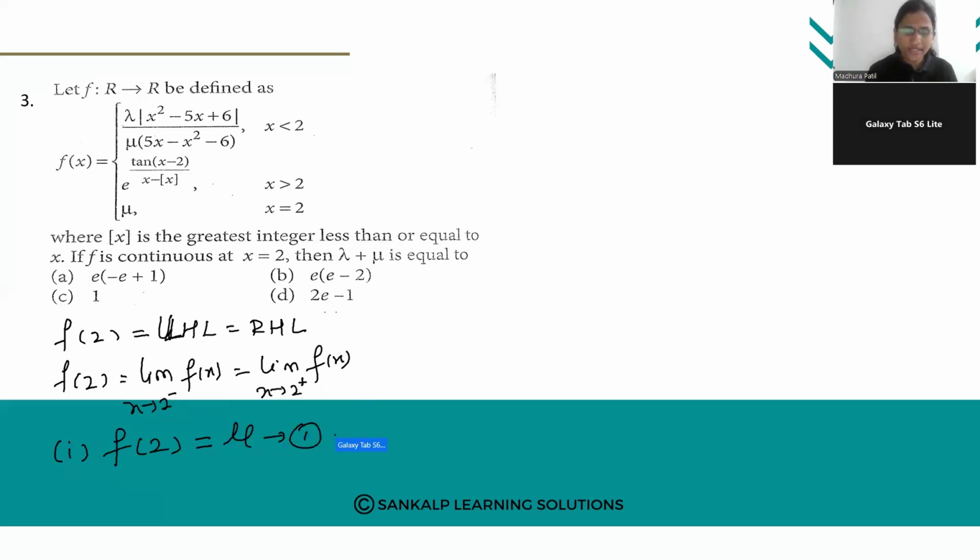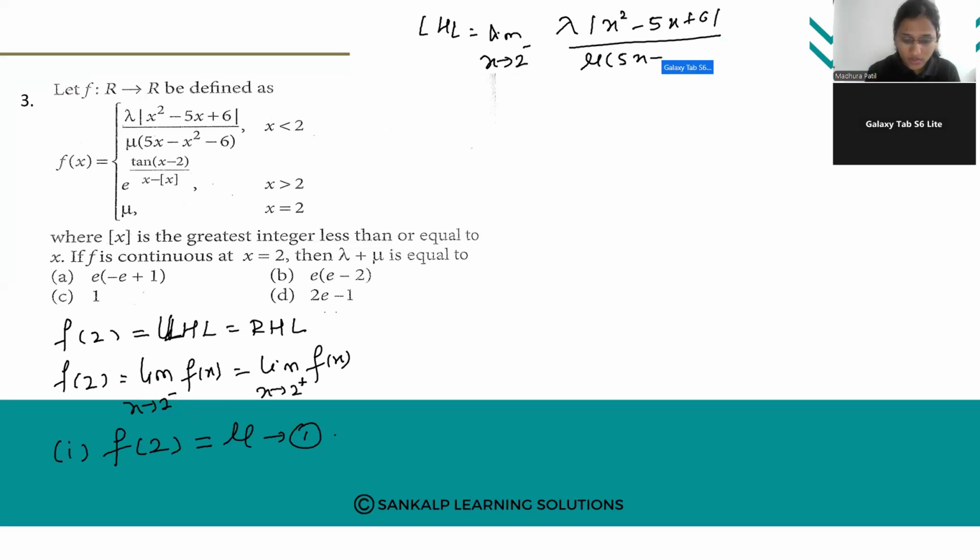Now we'll take the LHL value. What is the LHL here? The limit as x tends to 2 from the left hand side of f of x. If it is approaching from the left hand side, the function is lambda times modulus of x square minus 5x plus 6 divided by mu times 5x minus x square minus 6. If you apply the limit directly here, you get a zero by zero form, so we will solve this further.